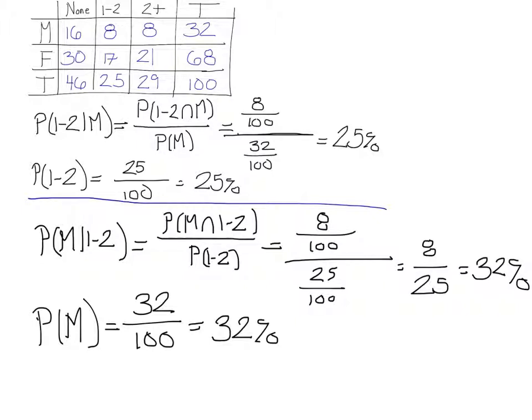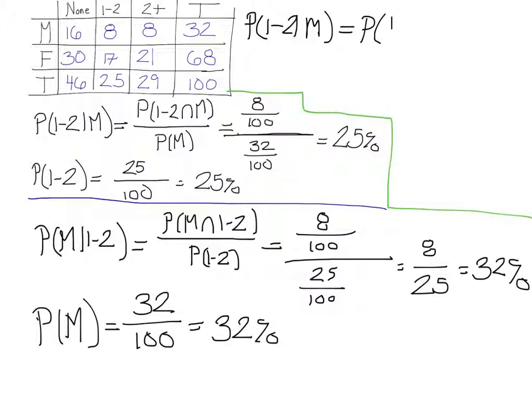But beyond that, there's a bigger, more abstract question that I think I'm going to put in green at the top right-hand corner of the screen. So the question was, we knew this. So we found the probability that you had 1 to 2 years of experience given that you were male was equal to the probability that you had 1 to 2 years of experience.